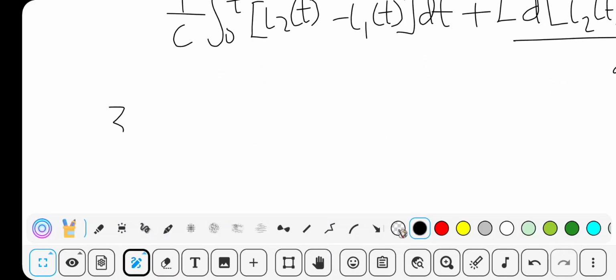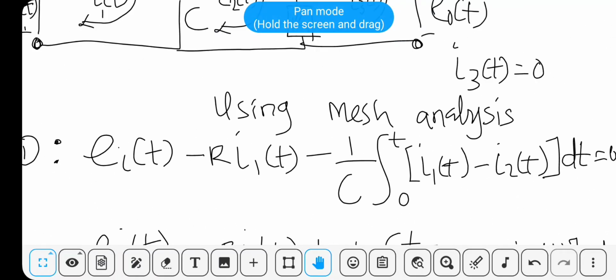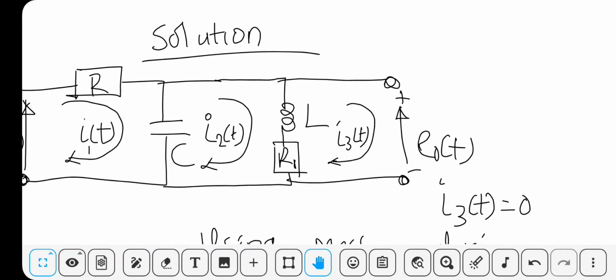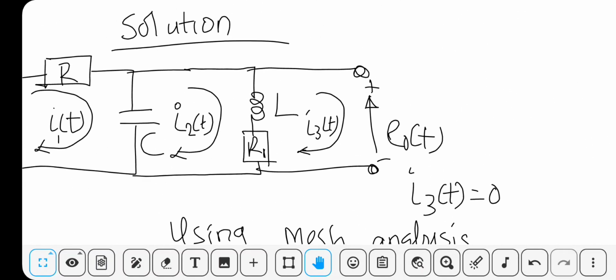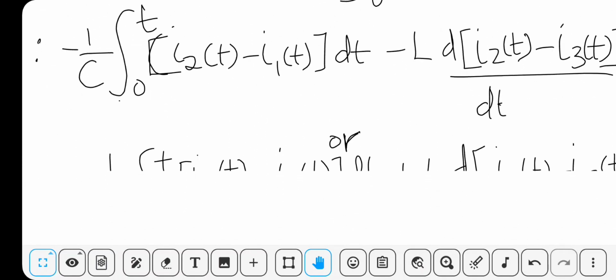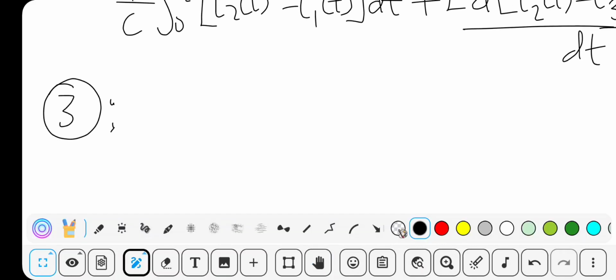So mesh 3 now. The voltage drop across the inductor and resistor, and also across the terminals, the voltage, which is the output voltage, but it's not actually connected there.